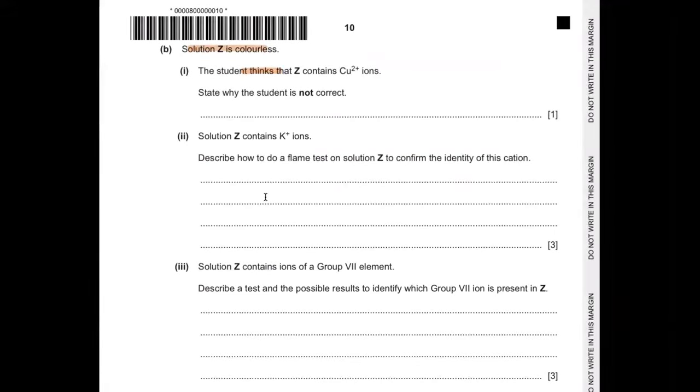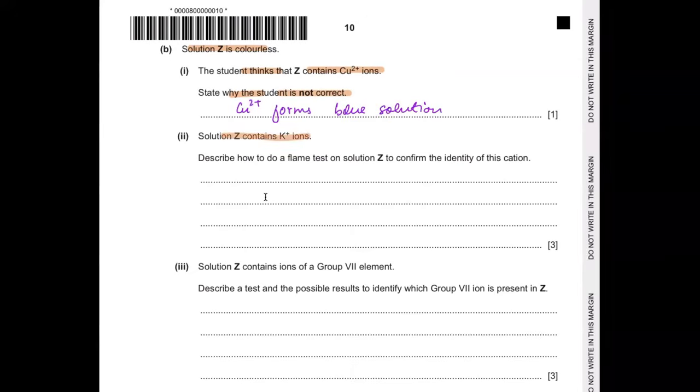The student thinks that it contains copper 2 positive ion. State why the student is not correct. If you recall, the copper 2 positive ion forms a blue solution, right?